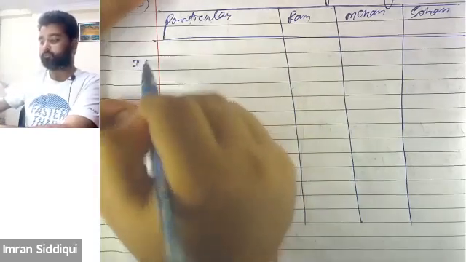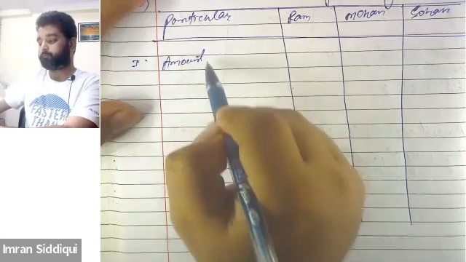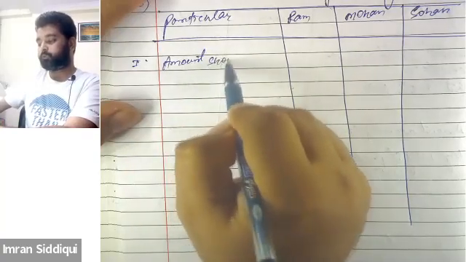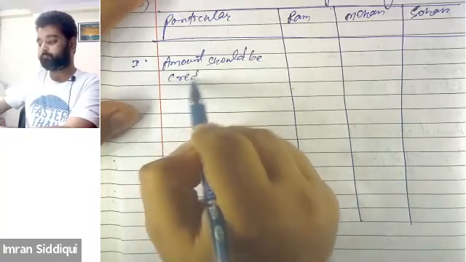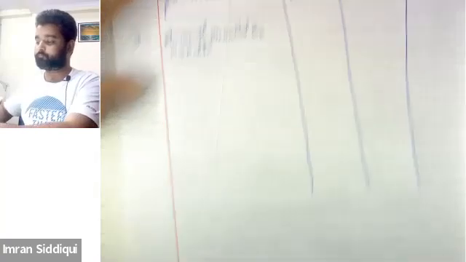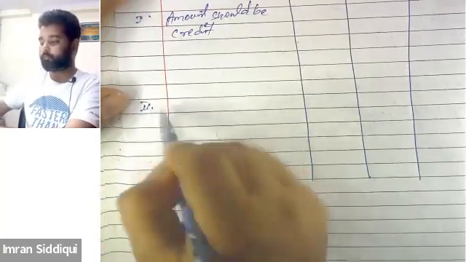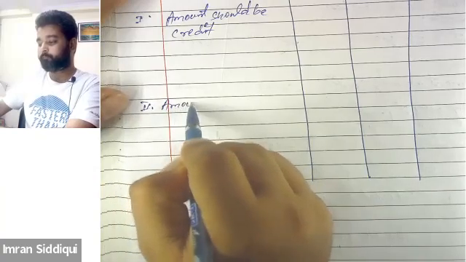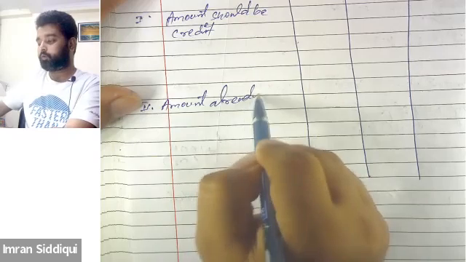First of all, we will write down the amount that should have been credited, and the amount already credited.